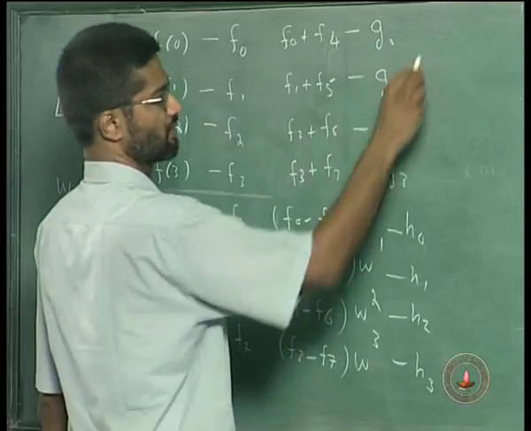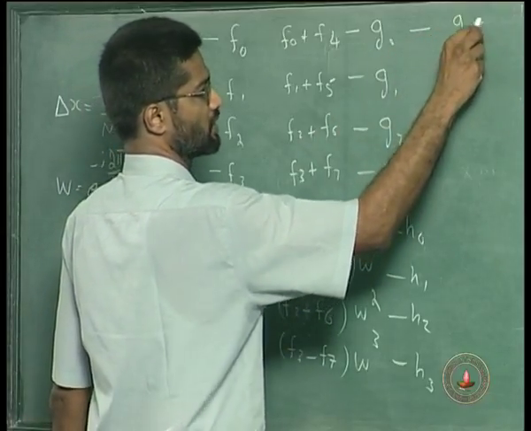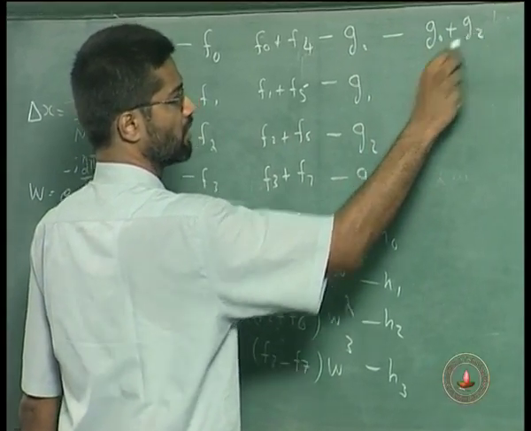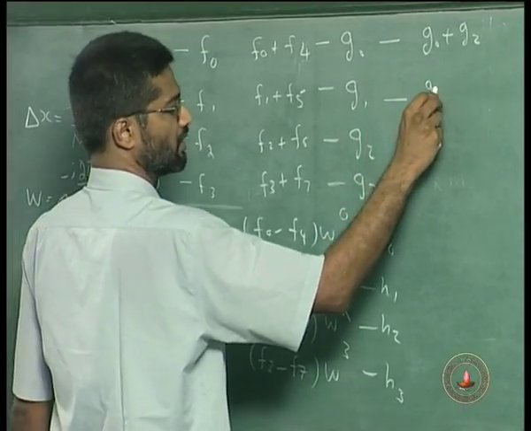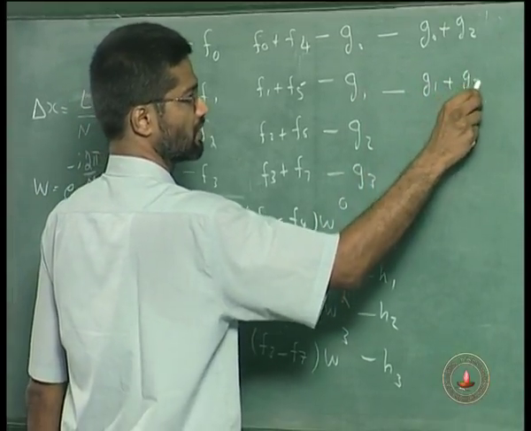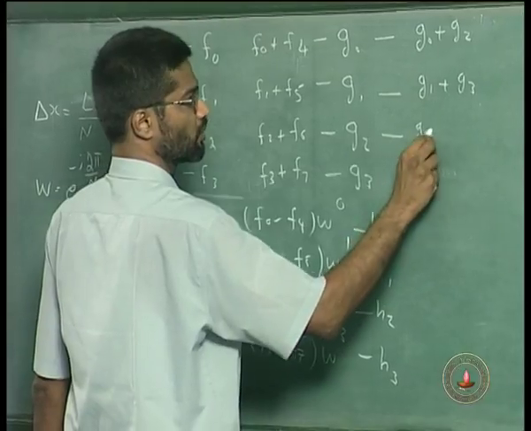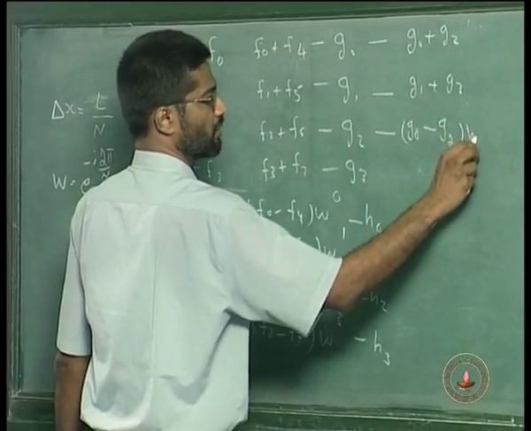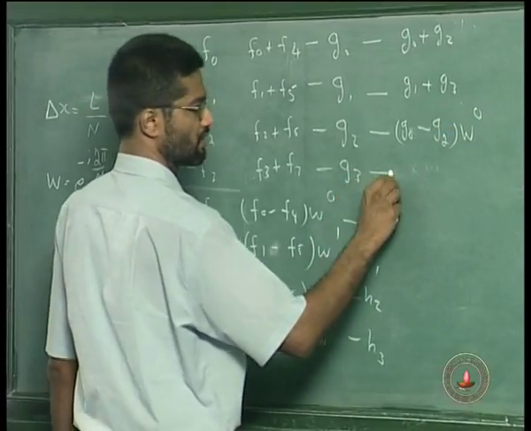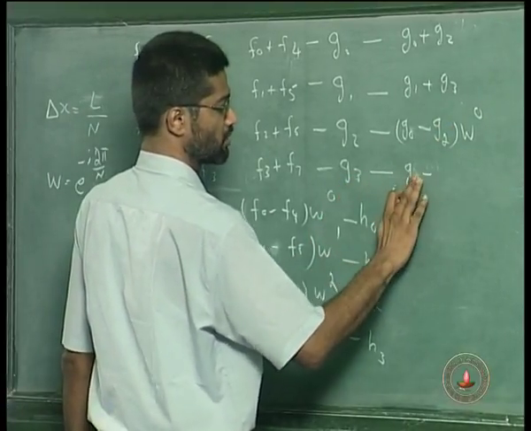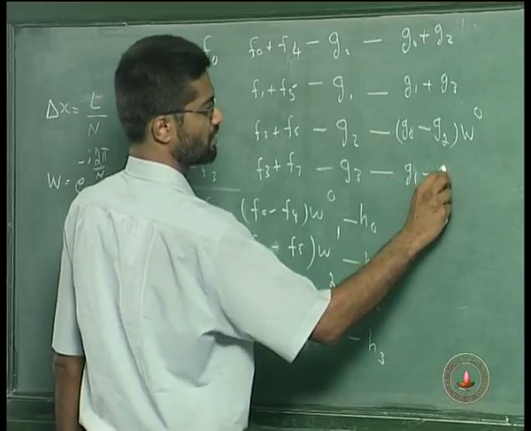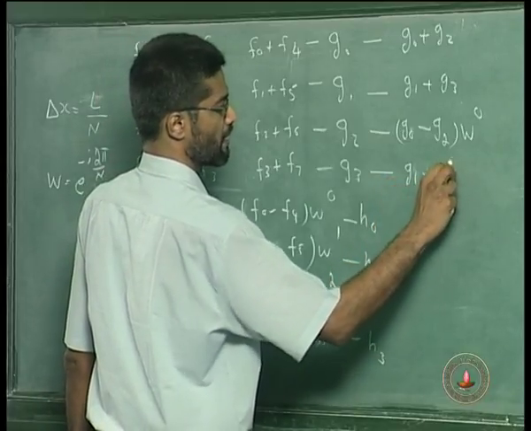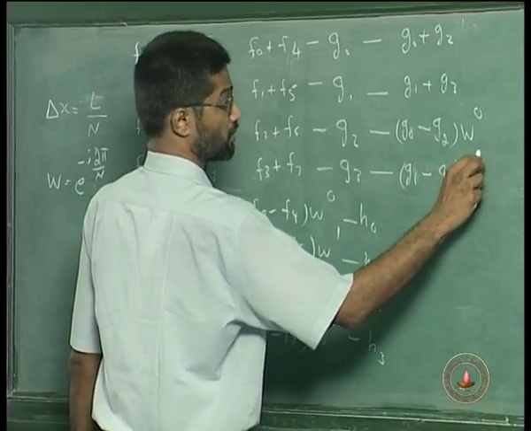So now we did this, and we said that here I will replace by G0 plus G2, and this I will replace by G1 plus G3, and this is G0 minus G2 multiplied by w power 0, and this is G1 minus G3 multiplied by w to power 2.